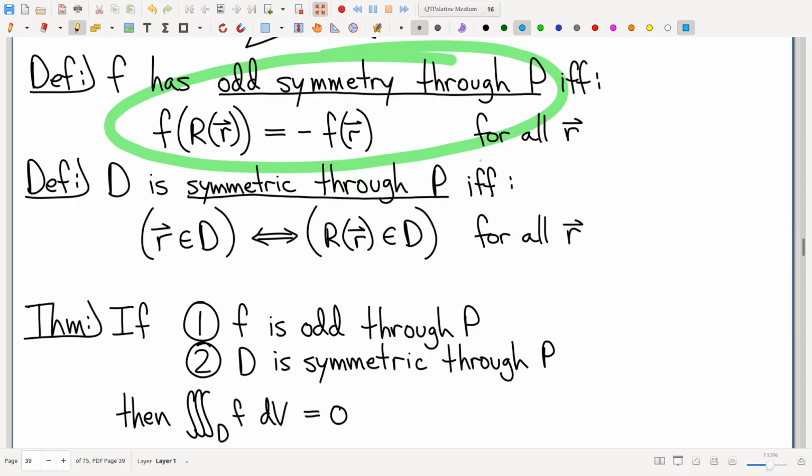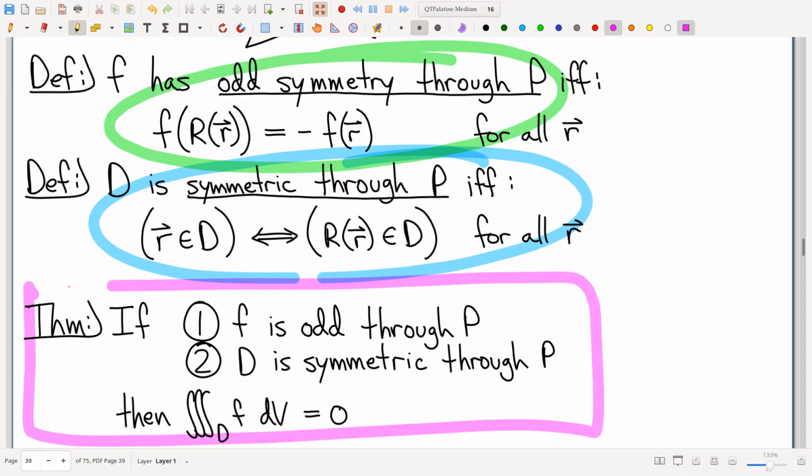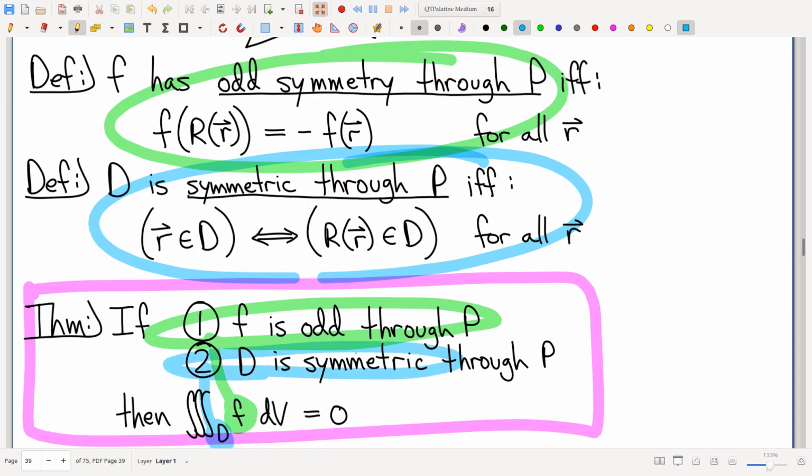What does it mean for a domain to be symmetric? Well, it needs to be that the set is its own reflection. Same exact thing. And again, we have a theorem. Again, the theorem has the same conditions. I just need to have an odd integrand over a symmetric domain, both applying and both using the same plane.